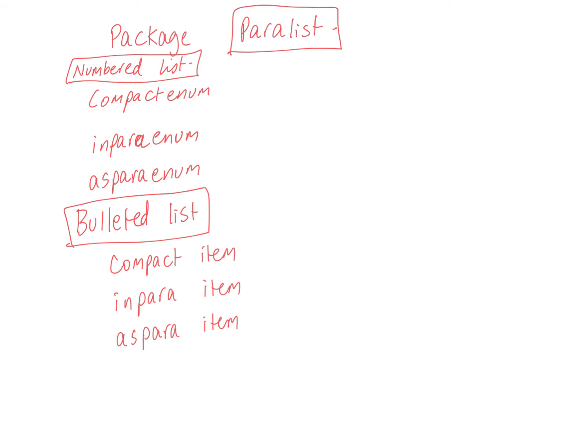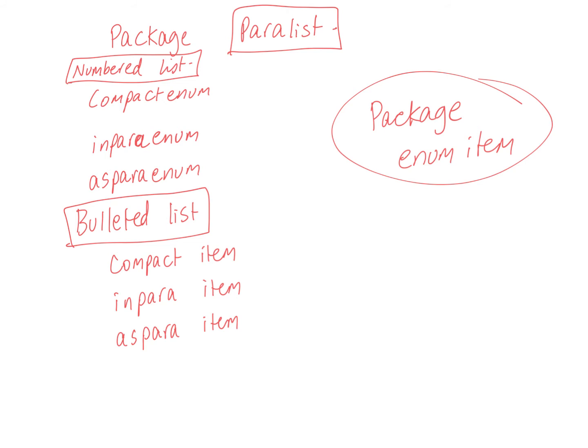So for that, we'll use the package enum item. So this provides some sophisticated features that you can use to implement such requirements. So let's try one of these codes with the enum item.